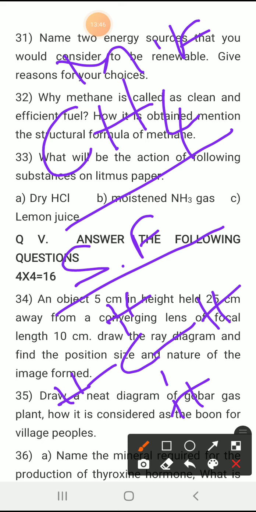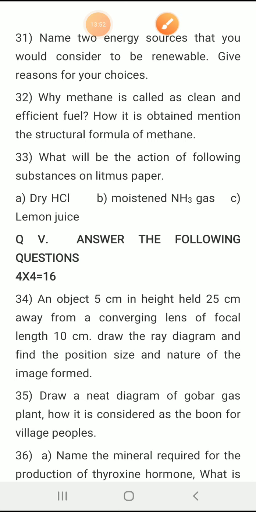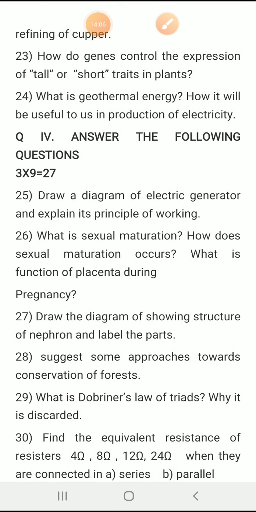CH4, right? So what's the question? Let's try to understand that. The question is, why is methane called a clean and efficient fuel? Because while dealing with methane, we have discussed in the class that methane is majorly produced from cow dung, nothing but gobar gas, right?